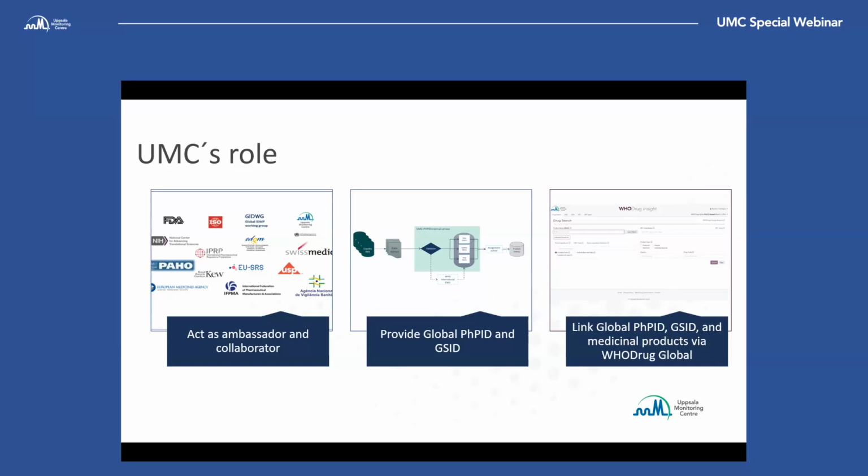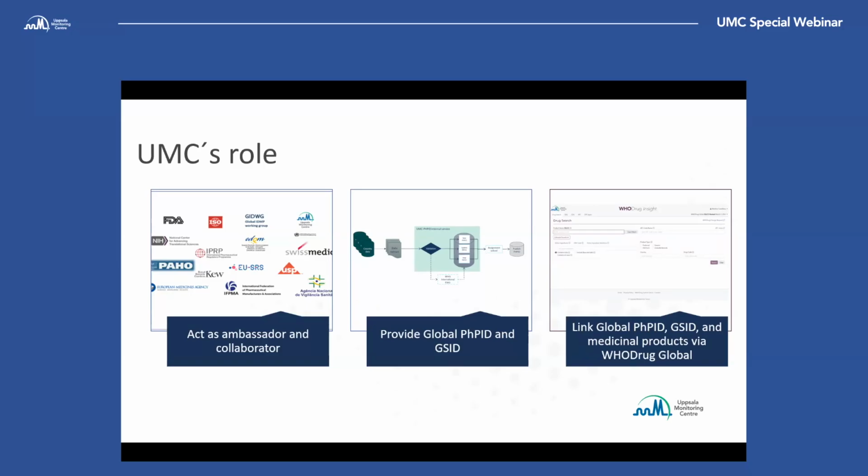But then our WHODrug users, we also work with, for instance, PAHO, RPRP, EU SRS, United States Pharmacopoeia, GIDWG, Swissmedic, so a bunch of different regulators, EMA, FDA, and also organizations working on standardization, with a common goal to improve the standards and the world safety for medicines.